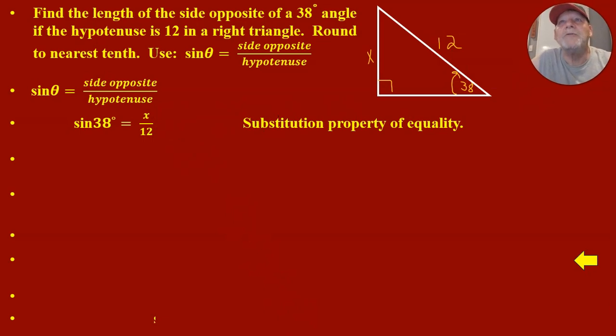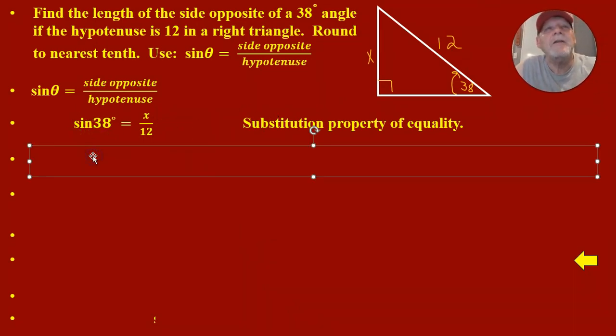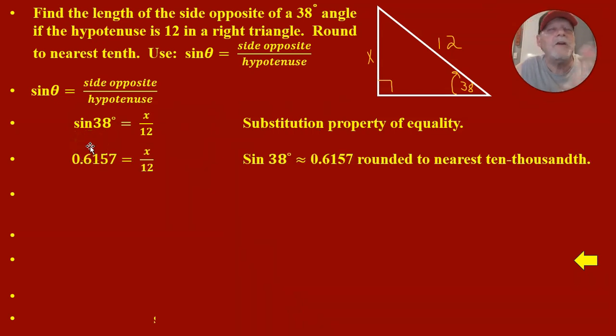Now that decimal just substitutes in, and it's going to give you more digits, but we usually round that to the ten-thousandths place. So that would be 4 digits rounded. And for your information, the reason that it was always rounded to 4 digits came from before the calculator days, when they were using tables for the trig values. And then we put the side opposite, which is x over 12.